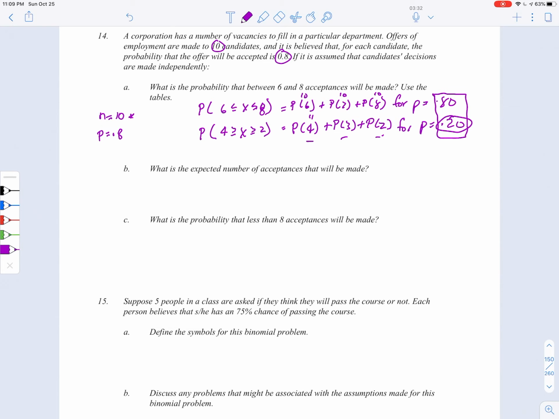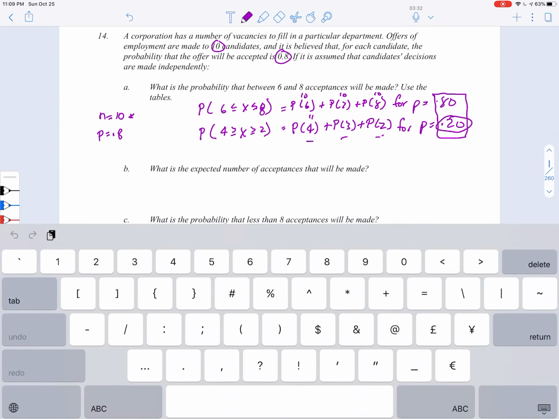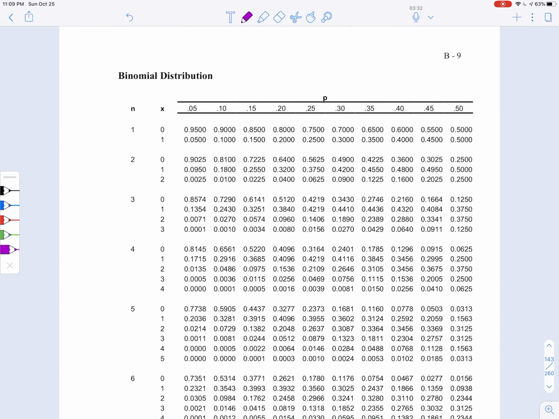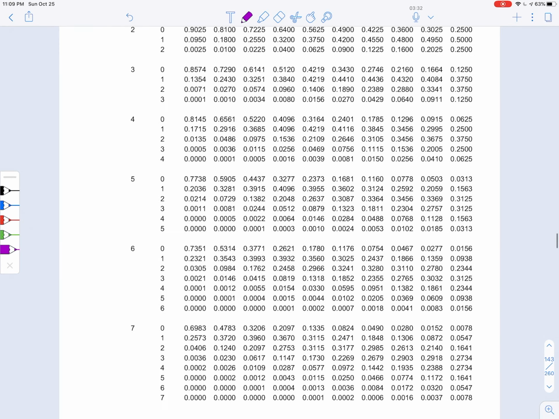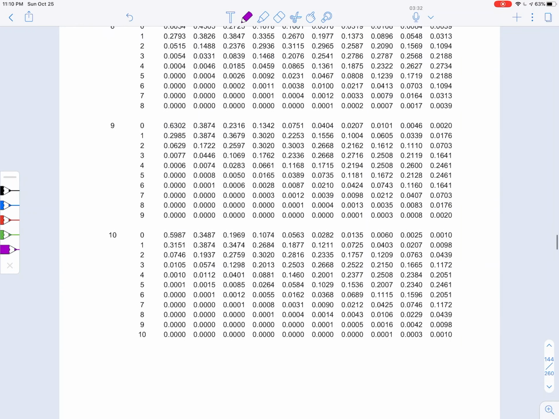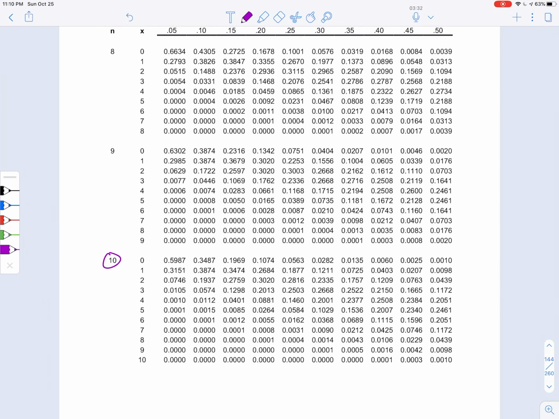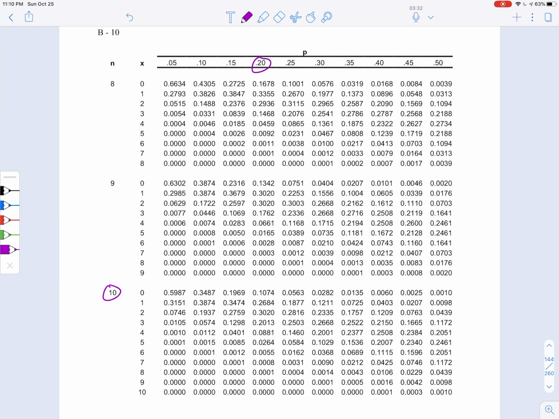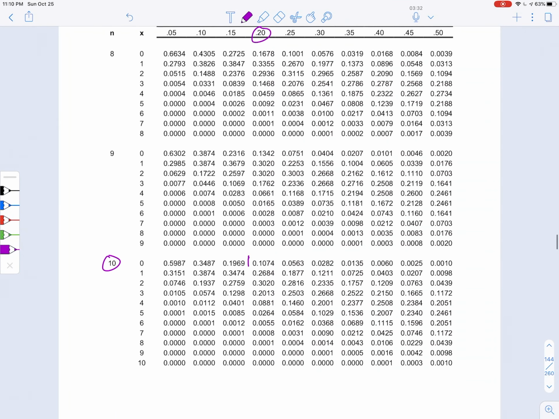So let's go back to the table here then. And that's going to be on about page somewhere around there. So we're going to look for an n of 10 right here. And then we're going to look at a p of 0.2. So it's right here. And then we're going to take a look at these right here, right?